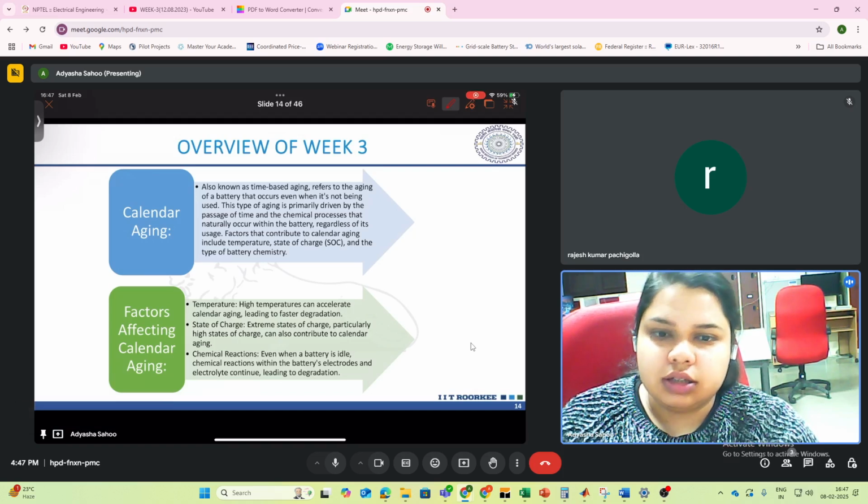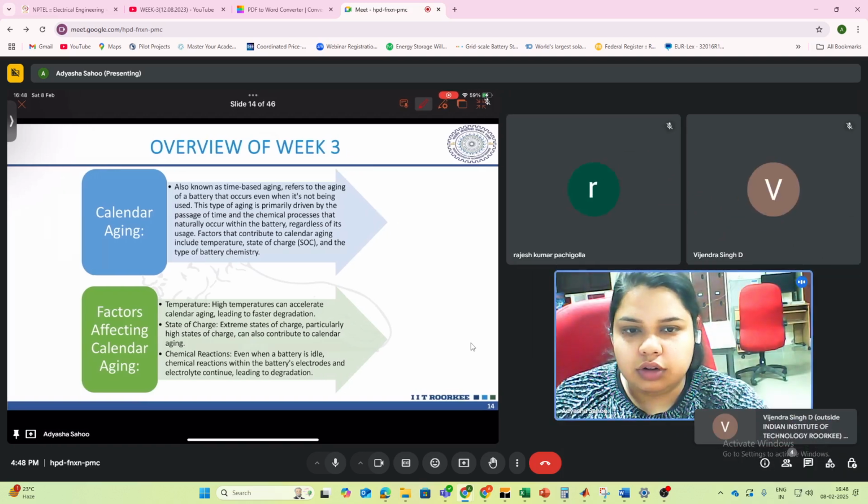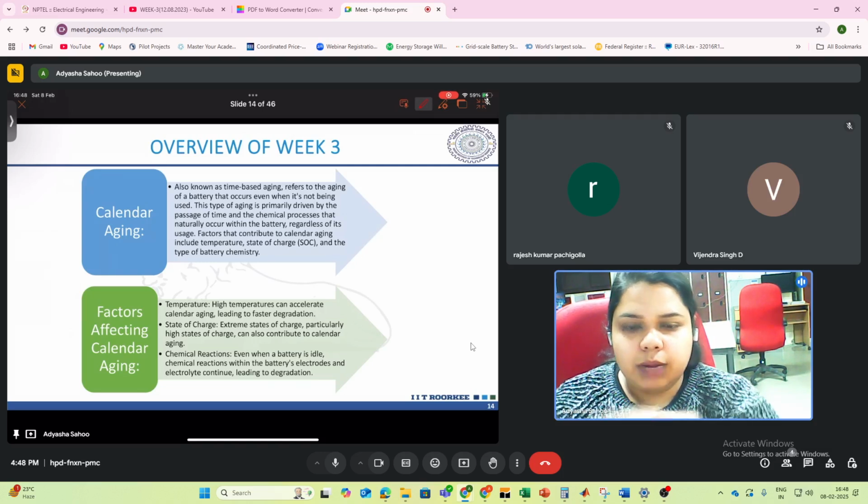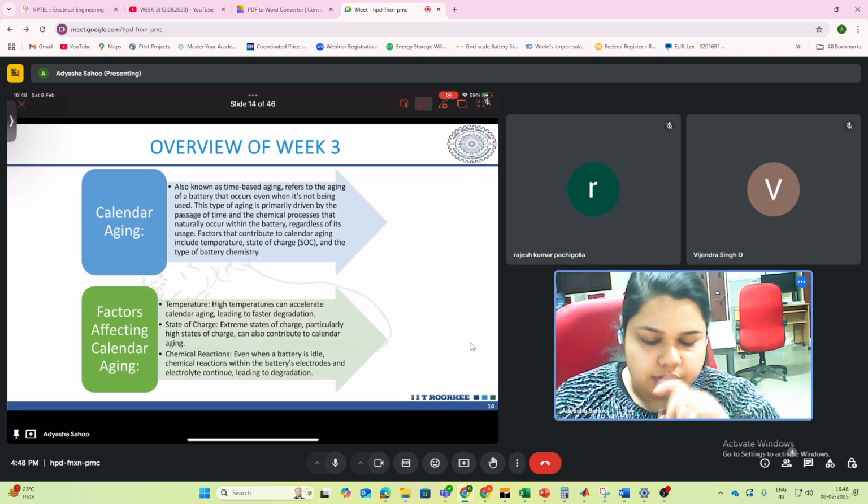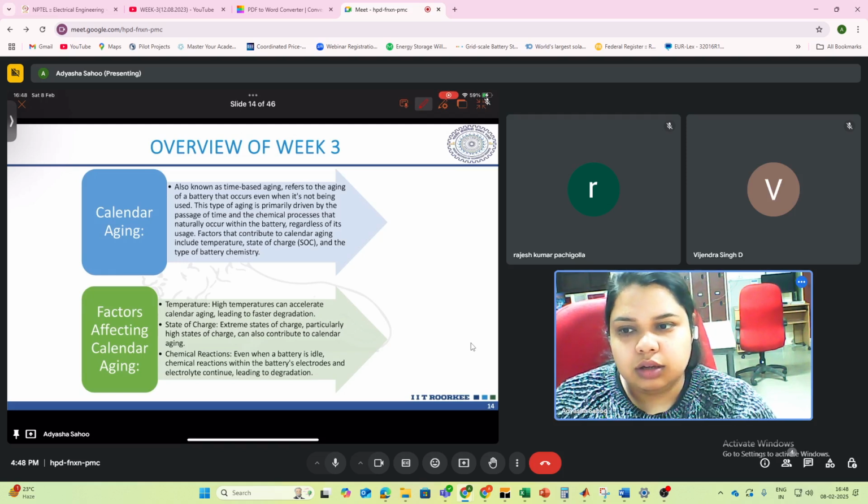Such a decrease in capacity, even if you keep the storage idle for a certain time, is referred to as calendar aging. That is because even if the battery is idle, the chemicals present inside the battery will be undergoing some slow chemical reactions throughout their lifetime. And due to this, there may be a decrease in its capacity as it is aging.